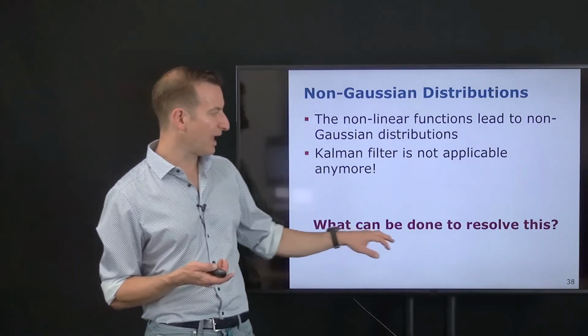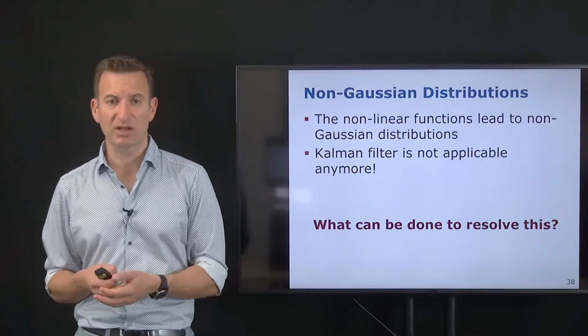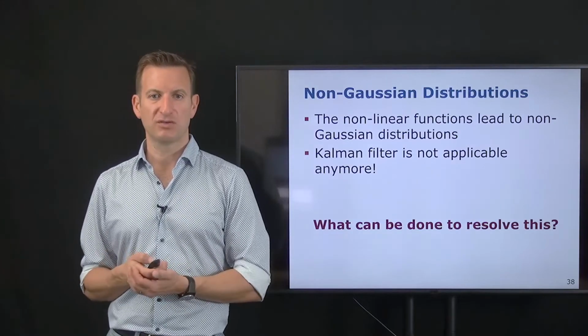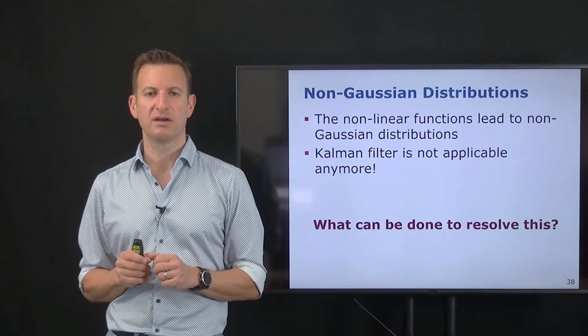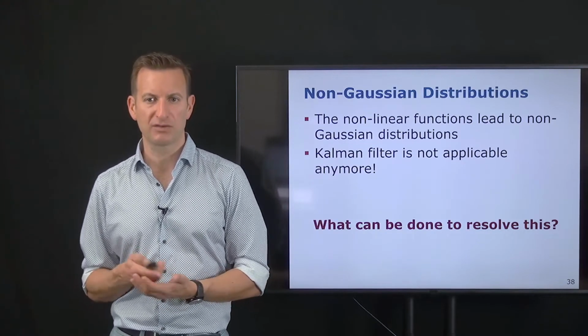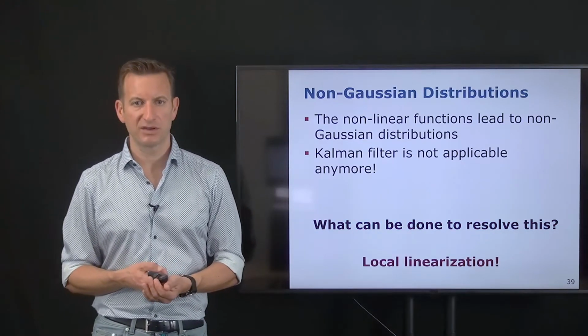And so what happens if we have this nonlinear function, what can we do in order to solve that? The easiest trick is to say, okay, we know the function is nonlinear, but let's assume it to be linear and locally linearize it. So perform local linearizations.